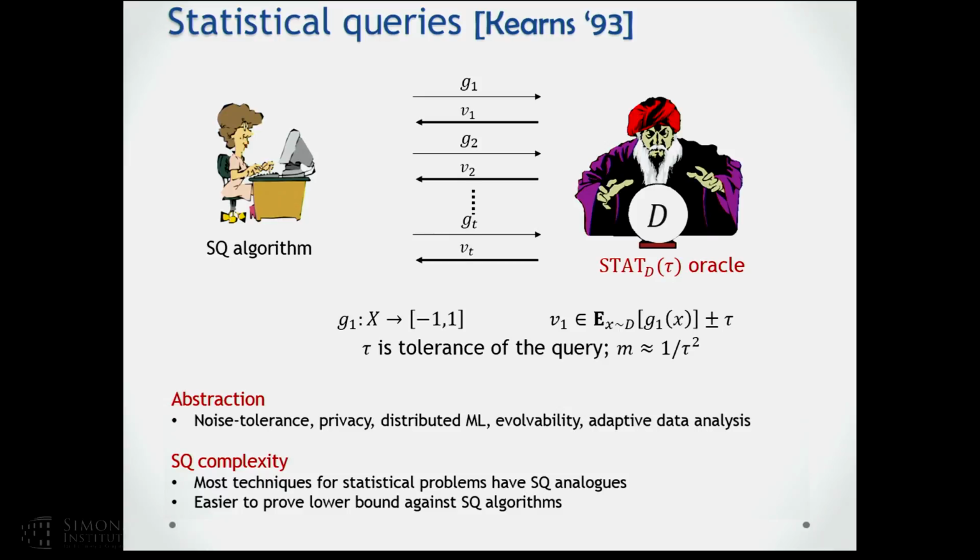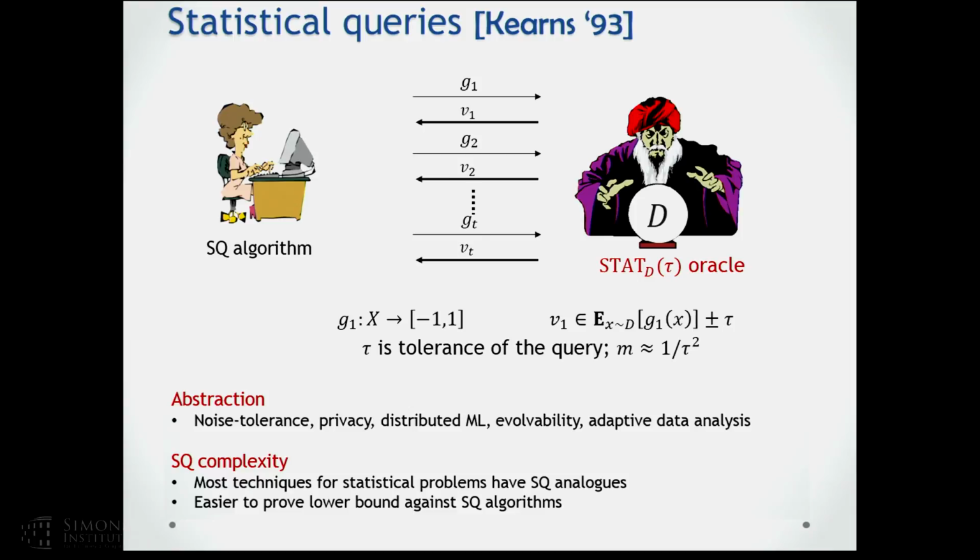And at the same time, it's possible and often not too hard to prove lower bounds against algorithms which are implemented in this model. So by combining these two facts together, we basically get some sort of proxy for the computational complexity, which is of course extremely hard to analyze, where the number of queries roughly corresponds to time, and the tolerance roughly corresponds to the amount of data that the algorithm has.